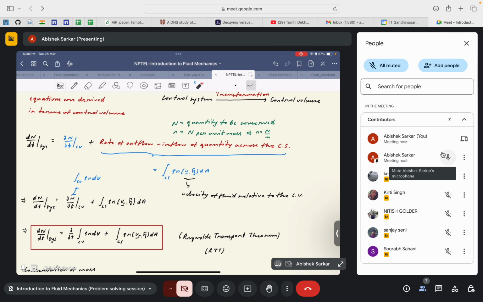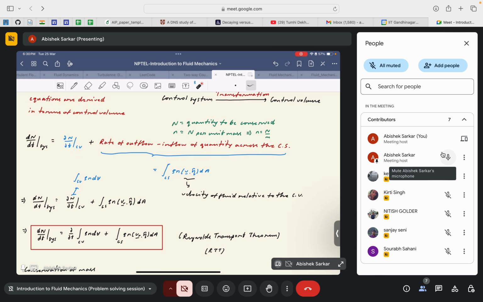Plus the rate of outflow of that property minus the rate of inflow across the control surface that engulfs the control volume. This quantity is given by the surface integral of rho n v dot n cap dA, where n cap is the normal vector to the area of the control surface, and small n is the corresponding intensive property related to capital N.